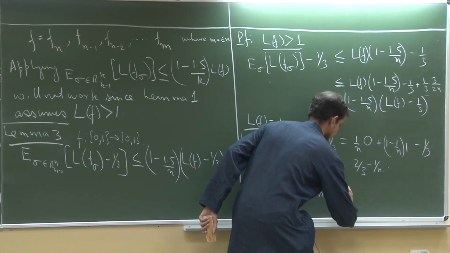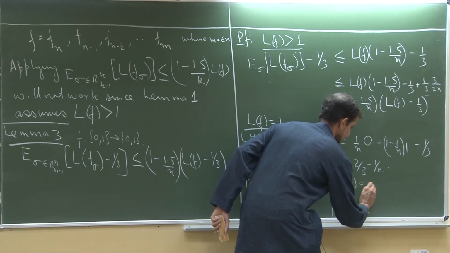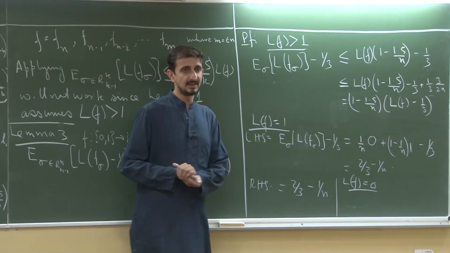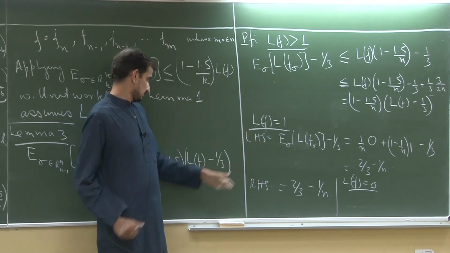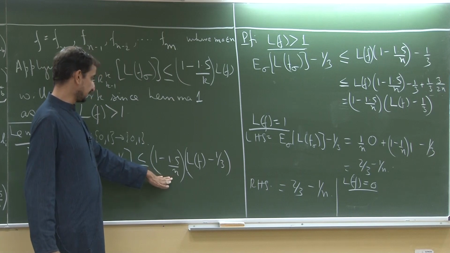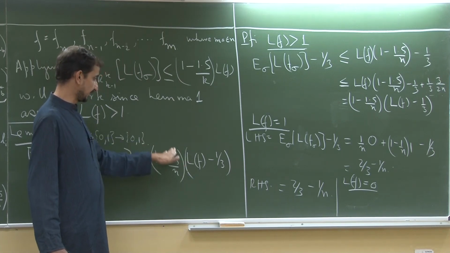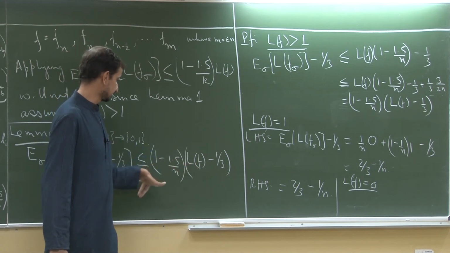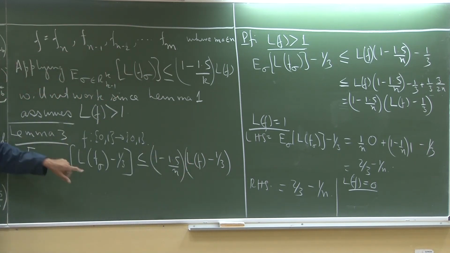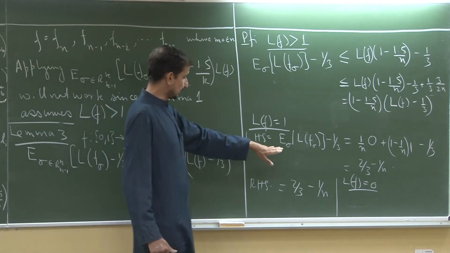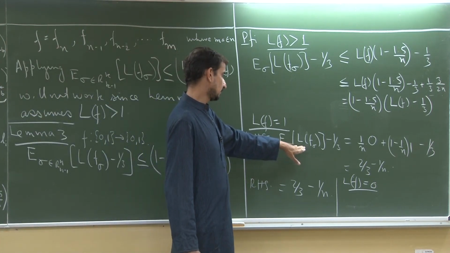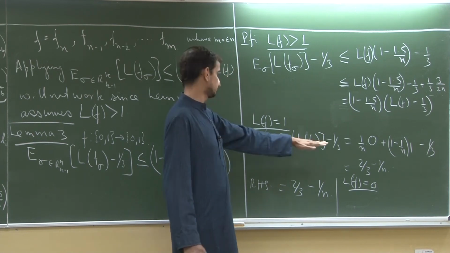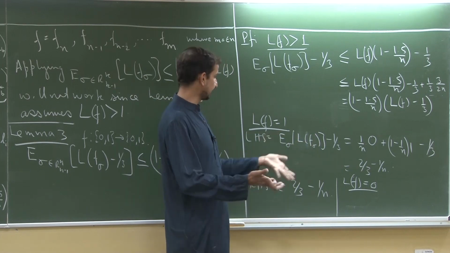The last case is when L of f is equal to 0. You can again verify that in this case also LHS will be less than RHS. Okay. If L of f is equal to 0, the RHS becomes minus 1/3 into this quantity, so it will be something between minus 1/3 and 0. The left hand side, the expected size, is 0 because L of f is 0, so even restricting it becomes 0.